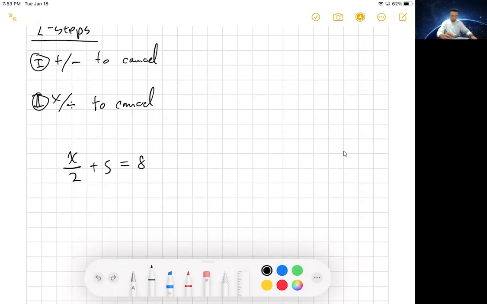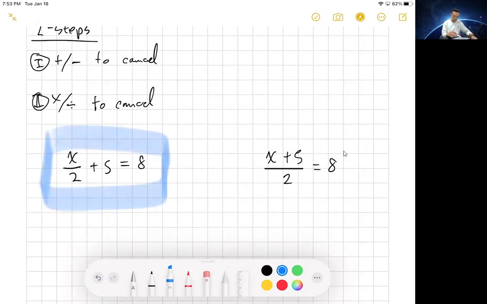Now check out this problem that is very similar. x plus 5, just like the other one, divided by 2, just like the other one, equals 8, right? But what is the main difference between these two problems that look almost the same?